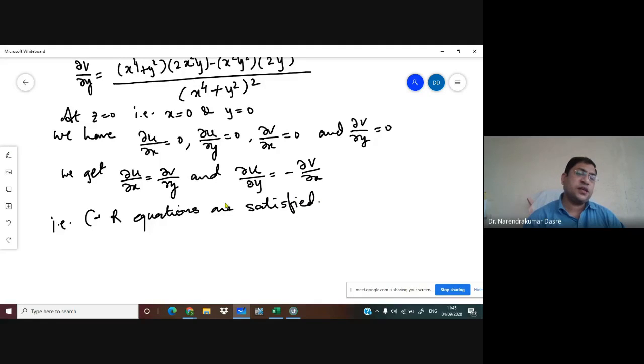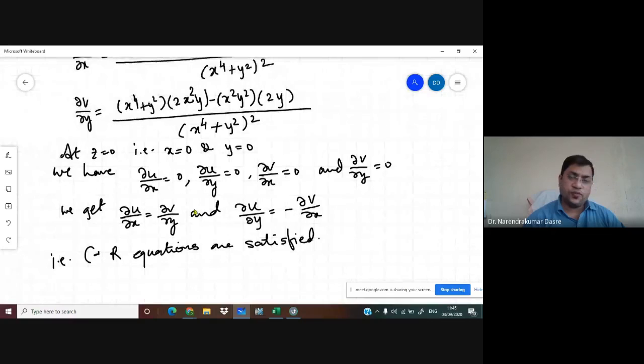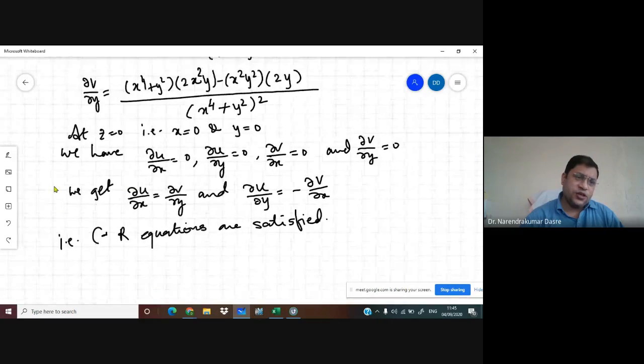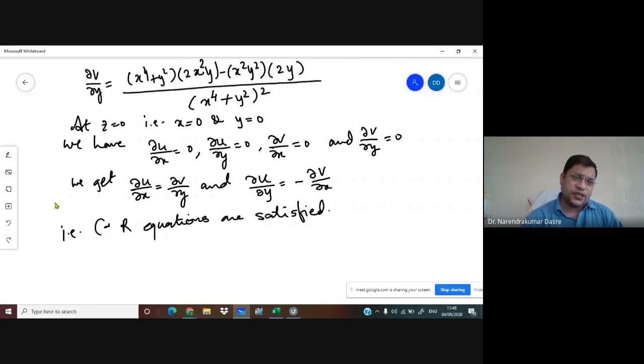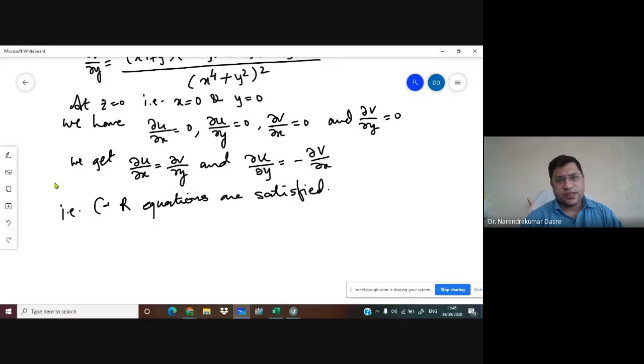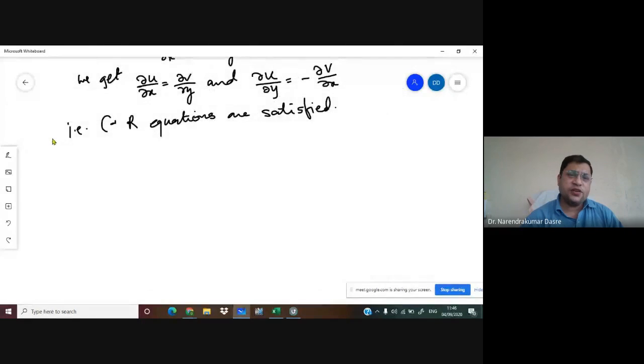Okay, CR equations are satisfied, but we cannot guarantee that this function is going to be analytic, as we cannot test the continuity of this function, and hence we have to be careful. So, though the necessary condition is satisfied, the sufficient condition is not yet satisfied, and hence we cannot guarantee that this function is an analytic function.